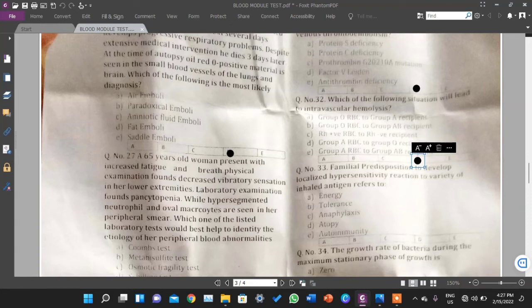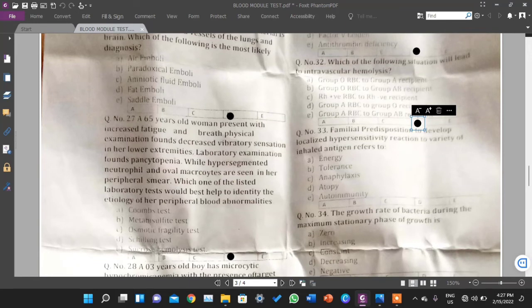That's why if Group A RBCs are given to a Group O recipient, this can lead to fast hemolysis of the RBCs. That's why intravascular hemolysis will be caused in this transfusion.